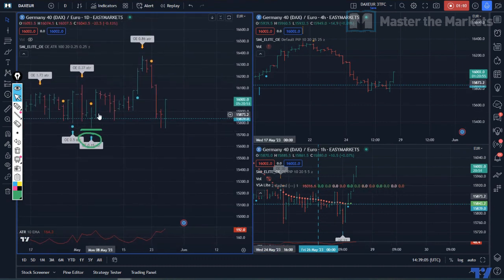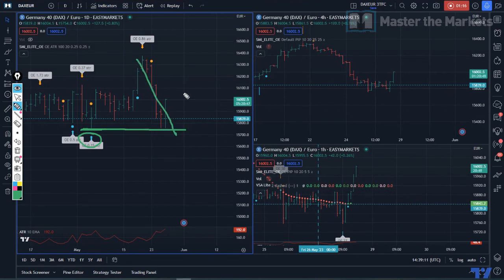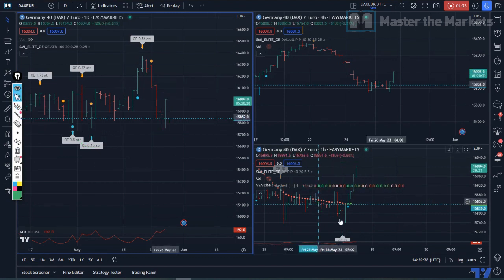So that low has been taken out. That's a structural failure, so that's a downtrend at the moment. And once that's a downtrend, if I were to take a long position on the lower time frames, I'm basically going counter trend, is it not? Yeah. So that's why we really did not take this trade.